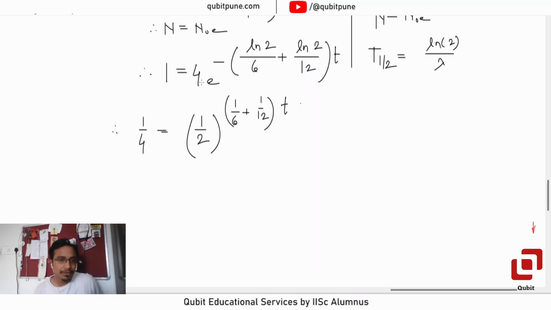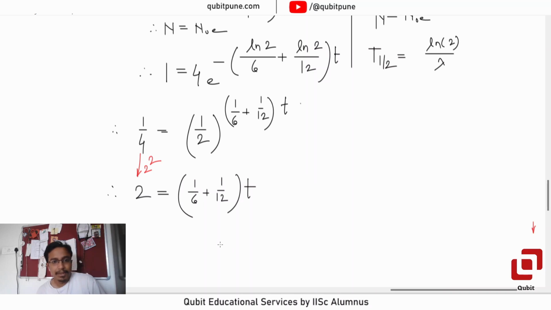We first took 4 onto LHS, then we took ln2 common. e raised to ln2 is 2, 2 raised to minus 1 is 1 upon 2. Got it? Now let's just compare the powers. Here it is 2 squared, so 2, and here it is 1 upon 6 plus 1 upon 12 into t. Now this 2 has come because 2 raised to 2 is 4.